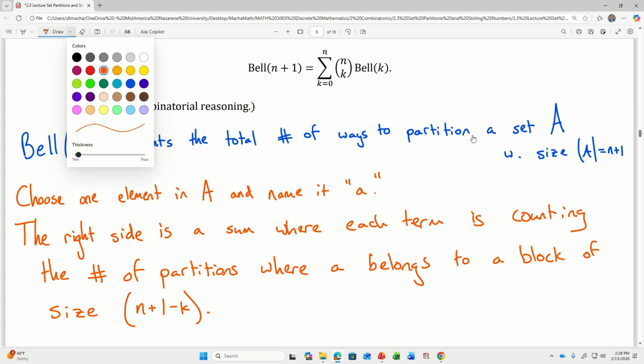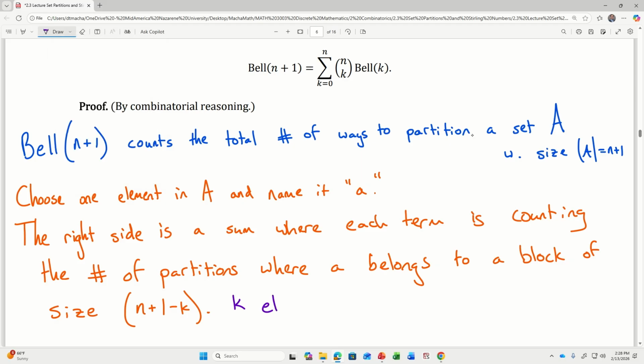So K elements belong to a different block. Not A's block. And for these K other elements, there would be bell of K, number of ways to partition them.